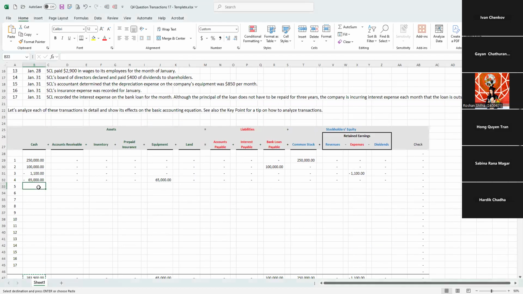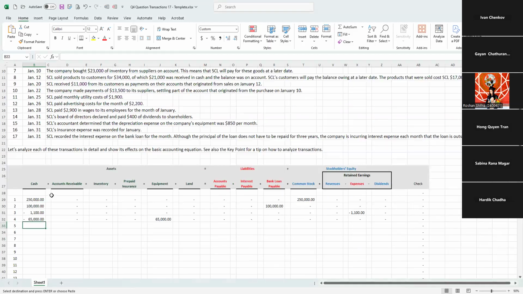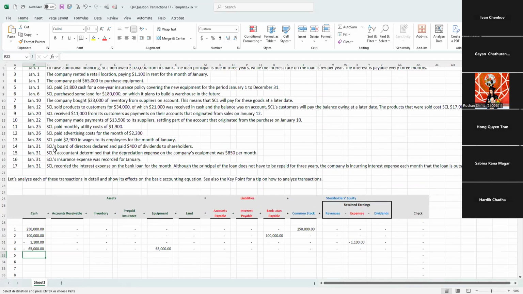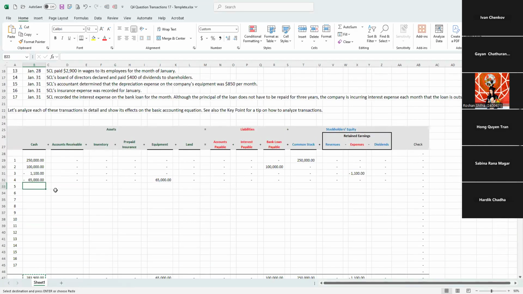Okay. What will be the insurance policy that we purchase? Is it an asset, or is it an expense?